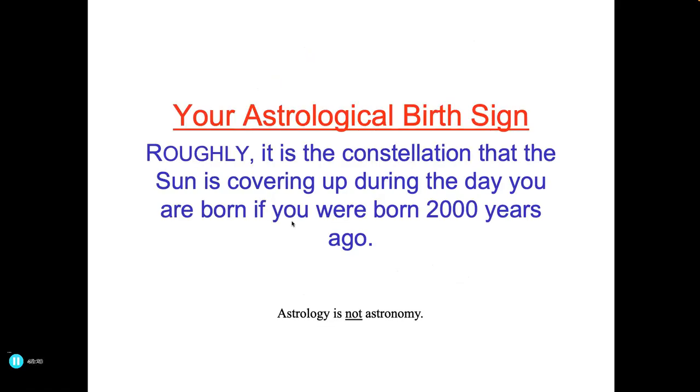And so this is how astrology got to be a system of fortune telling, because it's based on the real observation that you can tell where the sun is going to be, what constellation the sun is going to be in on the same day of the year every year. Well, then they took it too far, right? Because this is true, right?